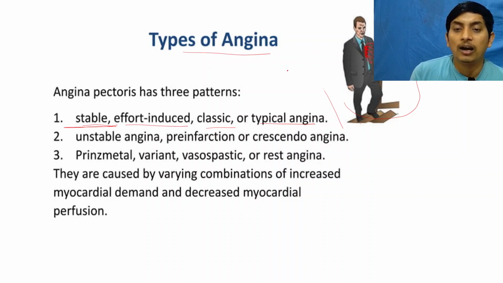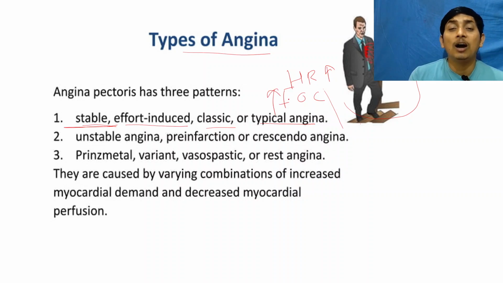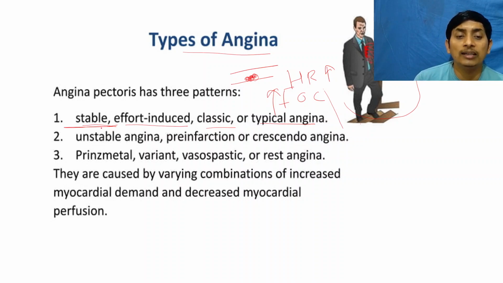Then heart rate increases and the force of contraction of the heart muscle increases. So the heart demands more blood supply, but the coronary arteries are already partially blocked, which does not allow a sufficient supply of blood. So patients suffer from angina. That is called stable angina.